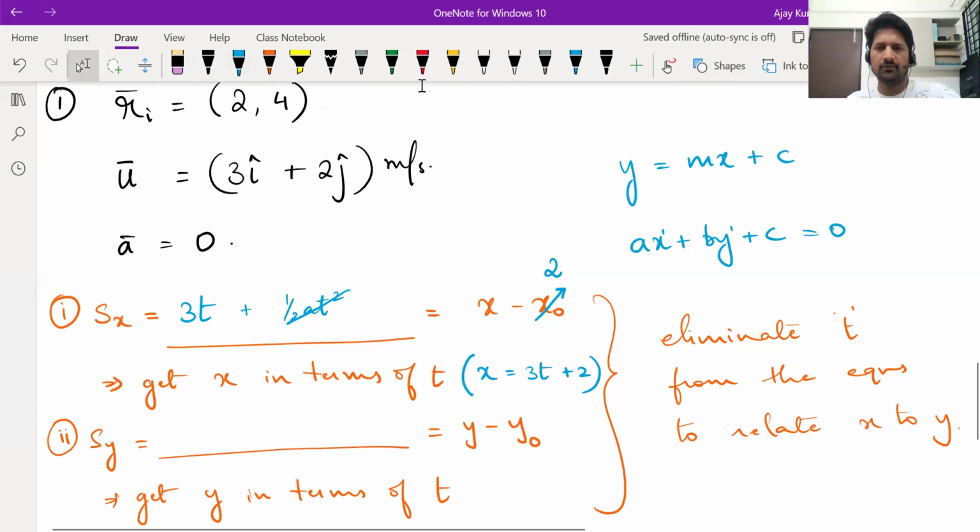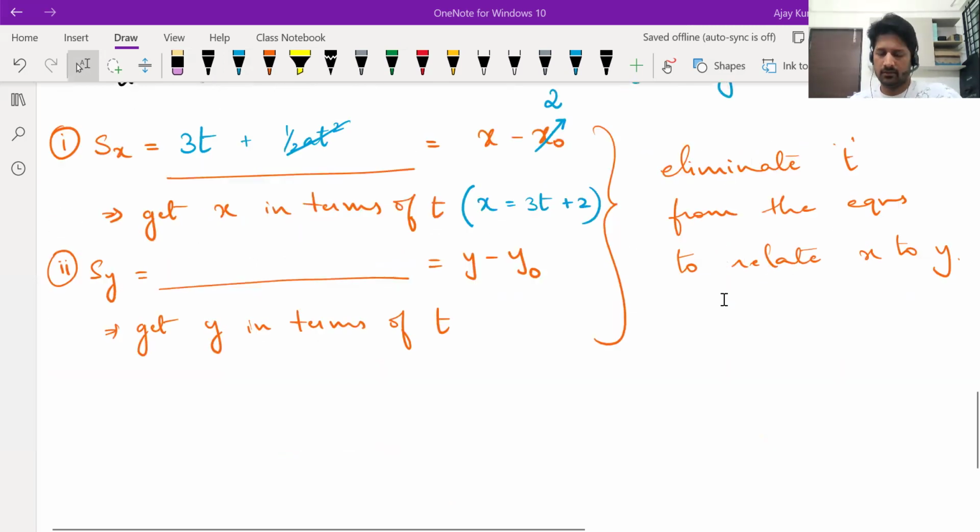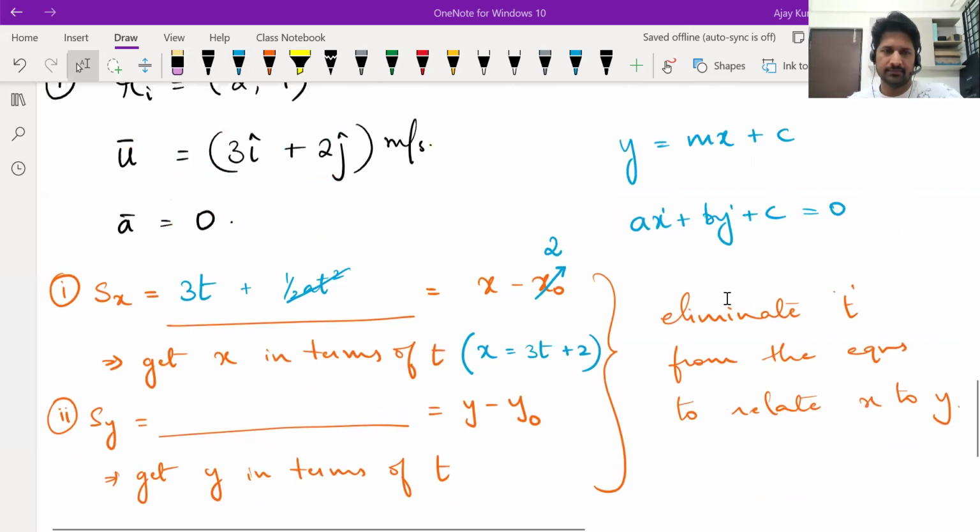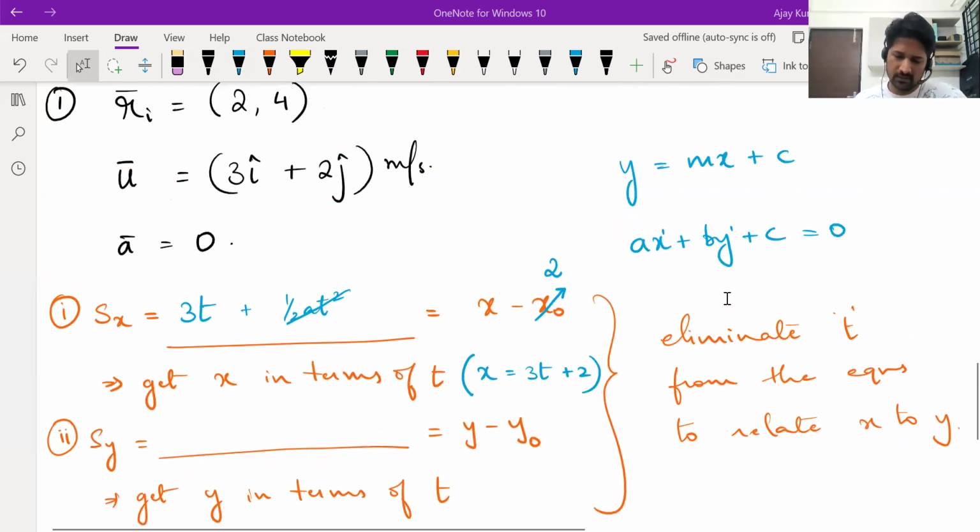Look at this once again, all of you. If any of you has a question or doubt, you can ask. Till here. Okay. Saket, you tell me now. How do you write the displacement in the y direction? 2t, sir. Okay, velocity in the y direction into time plus half at square. That term is 0 because there is no acceleration. So this is 2t.